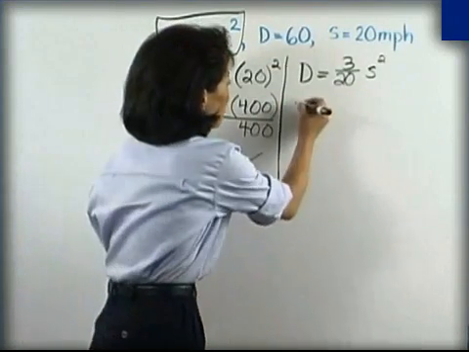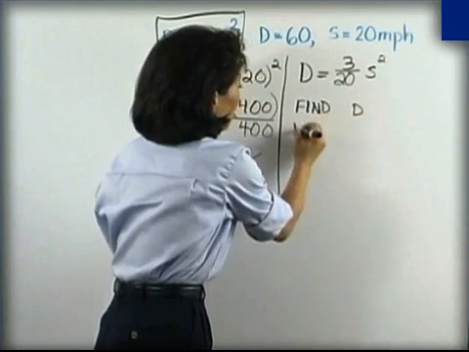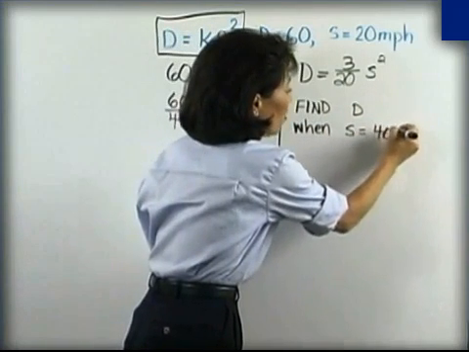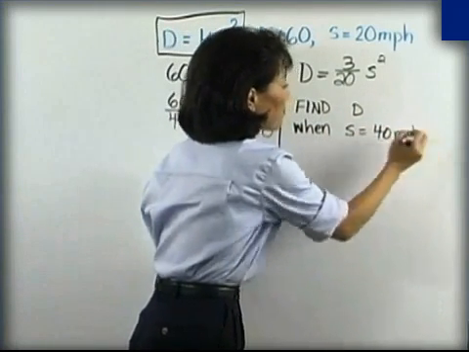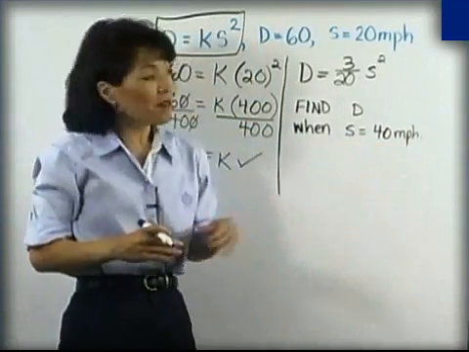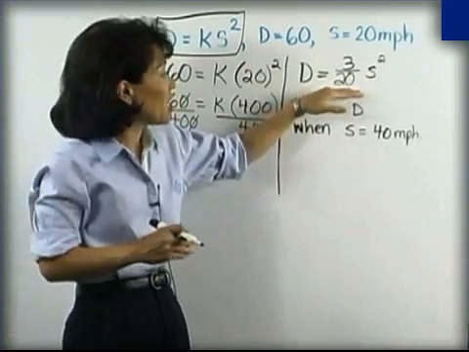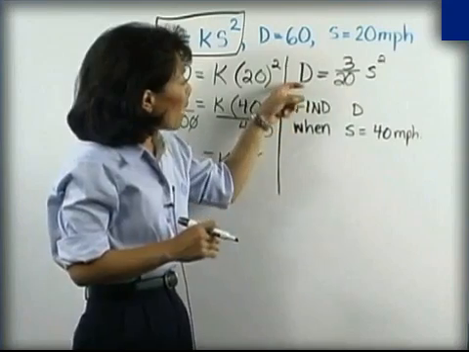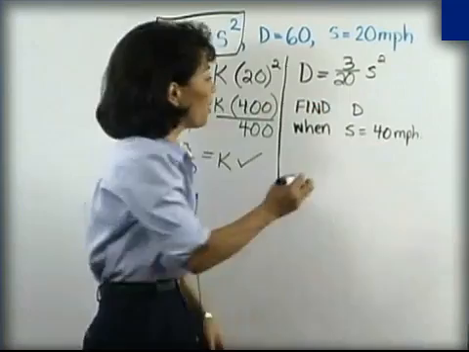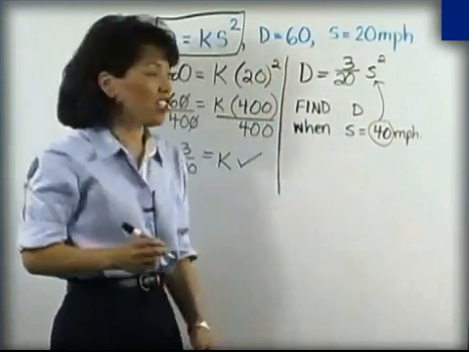Let's write that down. So we want to find now the distance d when the speed of the vehicle is 40 miles per hour. Okay, so how do we find d if we know the speed is 40 miles per hour? Well, since we already found our constant of variation k to be 3 over 20, all we have to do to solve for d is to take the speed, 40 miles per hour, and substitute it into our equation of variation.